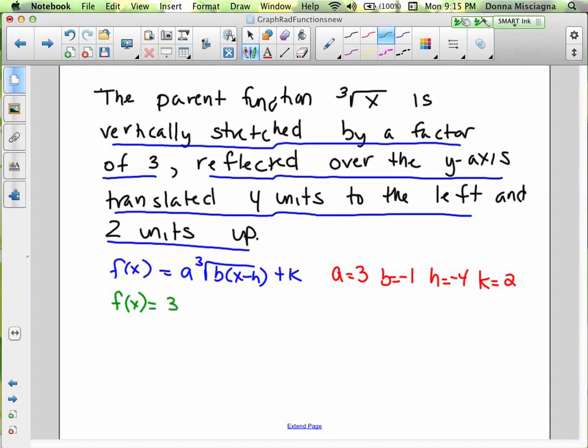Now, the tricky part here is going to be in the parentheses there, but actually it won't be too tricky when we remember our parentheses. Super easy if you remember the parentheses. It's a little hard if you forget the parentheses. All right, so B here is -1. Then we have our parentheses, and we have x minus a -4.